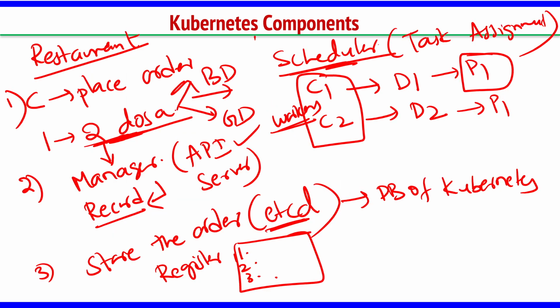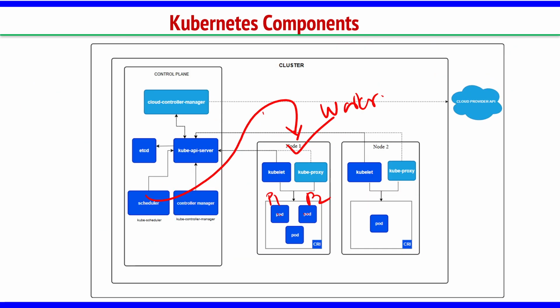So this is basically the standard process. Now the pods are running, which means the containers are running, which means the food is being prepared. When the pod is running, the container inside it is running, the dosa is being prepared. There is somebody called the controller manager.